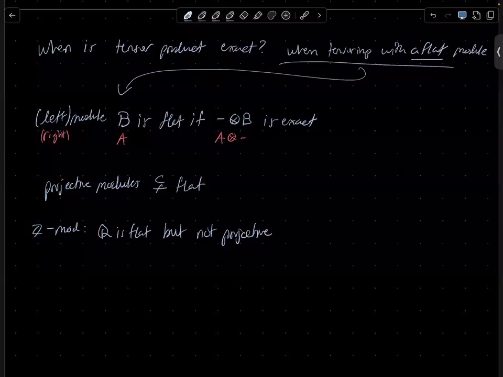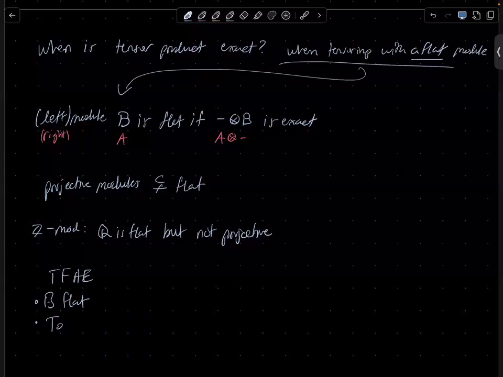And so, okay, like the result with Ext, we should have a similar one where B is flat if and only if the higher derived functors vanish on it. So, okay, the following are equivalent. B is flat.